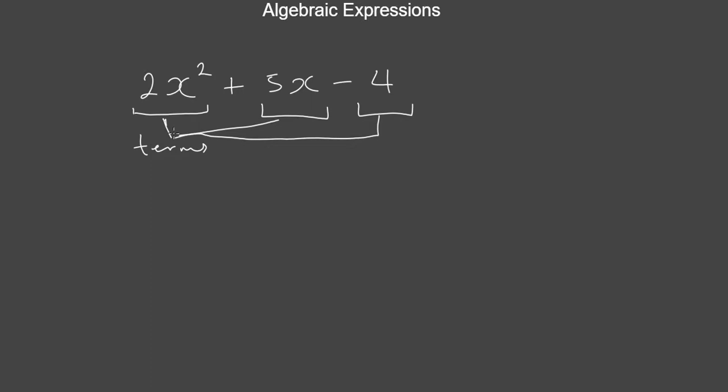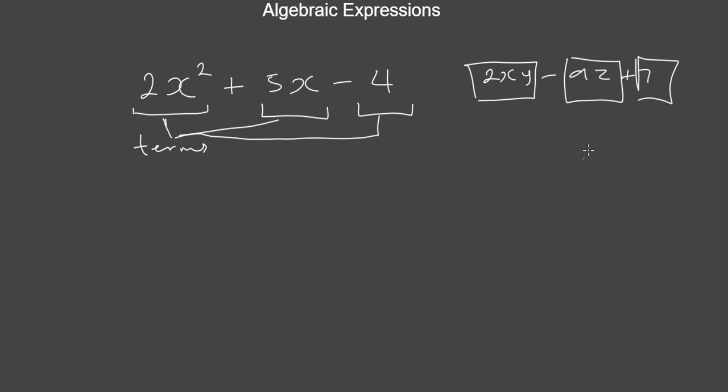So how do we recognize terms? Each term is separated by plus or minus. So if you have an expression like 2xy minus az plus 7, you know that this is a term because there is a minus separating, this is a term, and this is also a term. So this is an example of an algebraic expression.